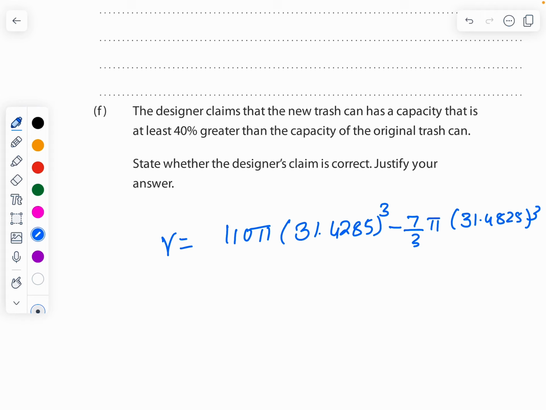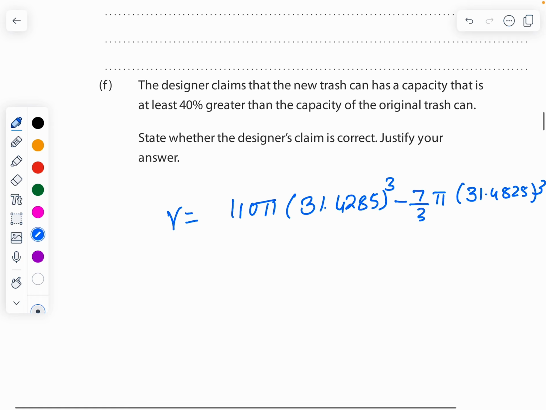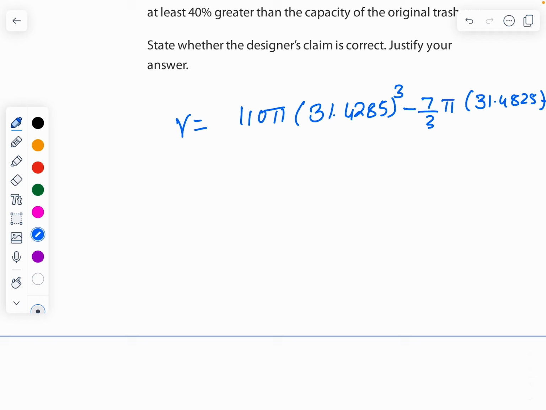So I will be simplifying it out. Then the volume, simplify it out, you should be getting that answer, which is about 114,000.